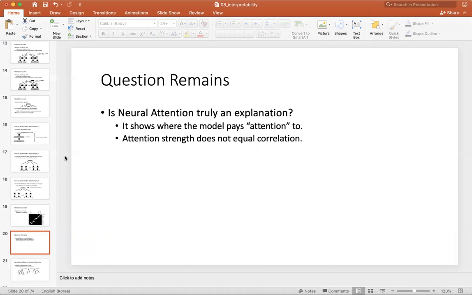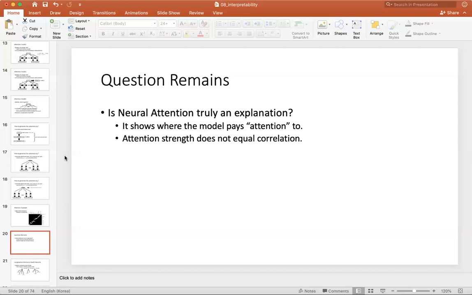First of all, it's not the same as the coefficients of logistic regression, where each weight indicates the correlation between the corresponding feature and the output. For example, if the ith weight of logistic regression is positive, then the ith feature is positively contributing towards the final prediction. If the ith weight is negative, then the ith feature is negatively contributing towards the final output.